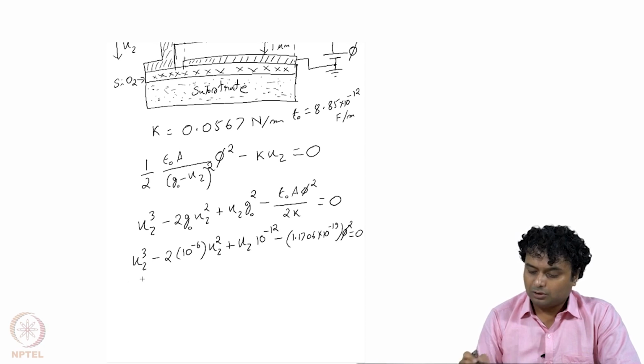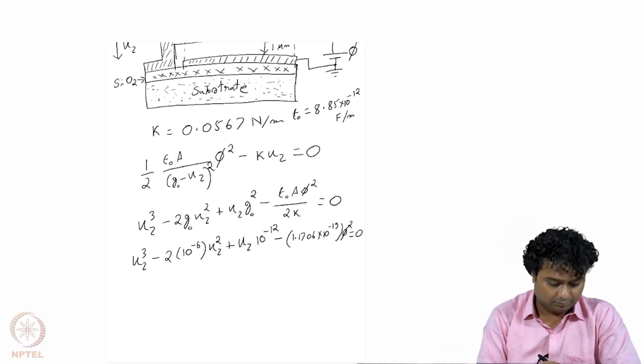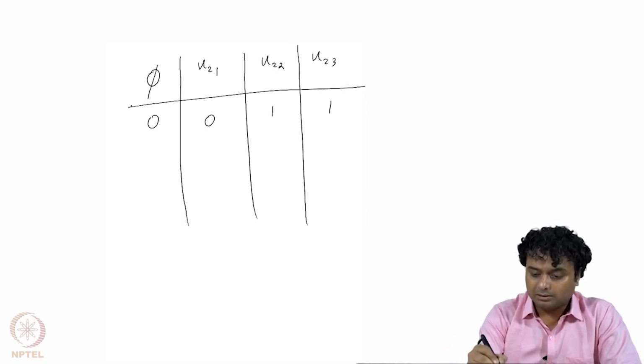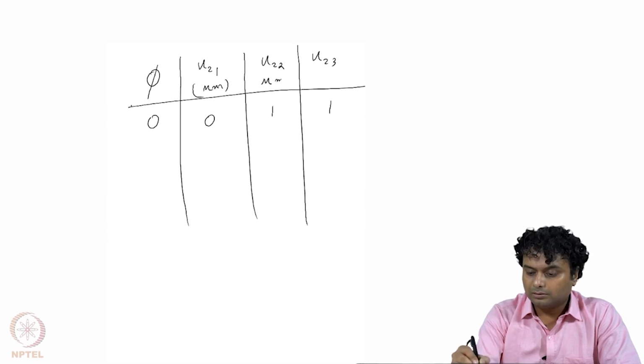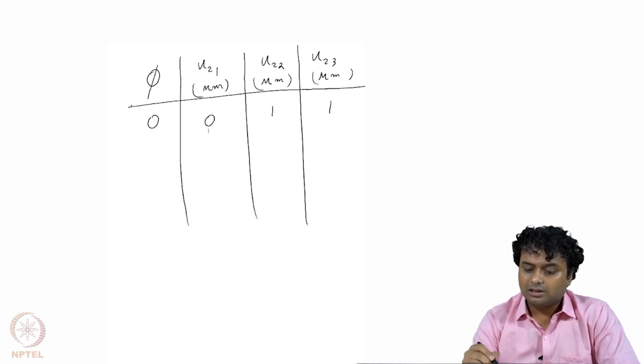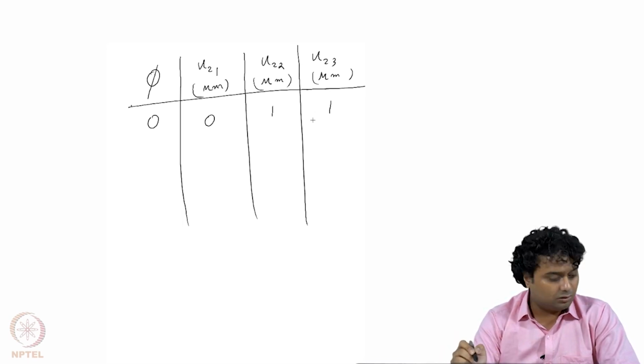So uz goes out, so you get uz equal to 0 as one root and uz minus 1 micrometer as another root. So you get 0, 1, 1, okay, and these are all in micrometer. So for 0 voltage, one root will be 0 and the other two roots will be 1.